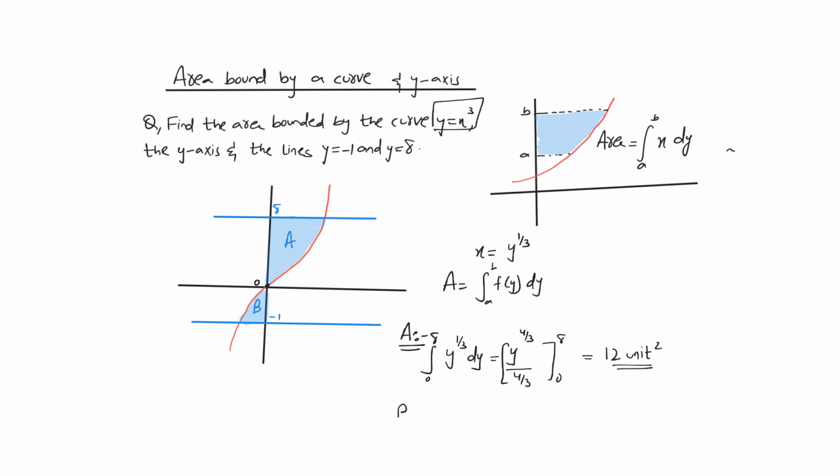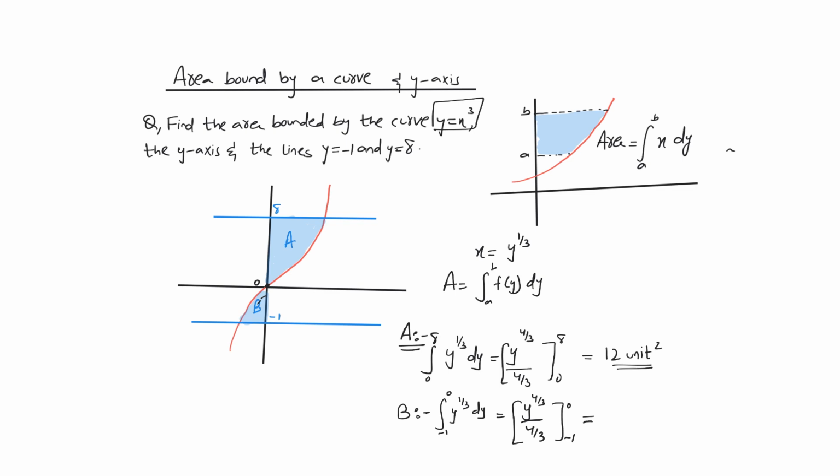Similarly, for area B, you need to integrate the same function from -1 to 0. We are now doing part B. So the integration would be the same, but this time the limits are different, so the evaluated answer for the integration would be different.